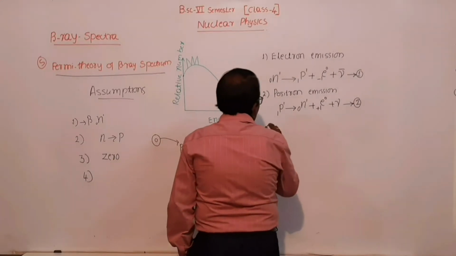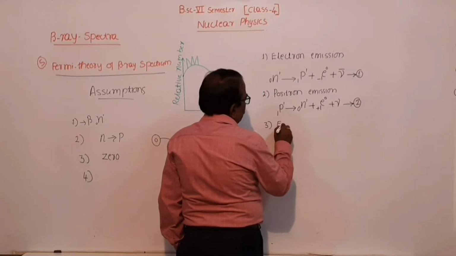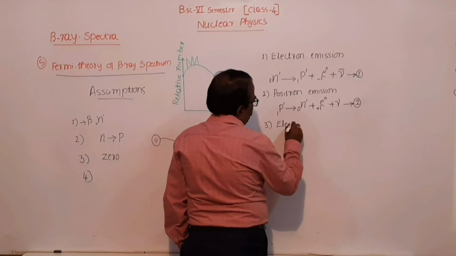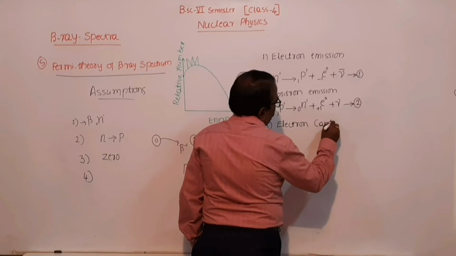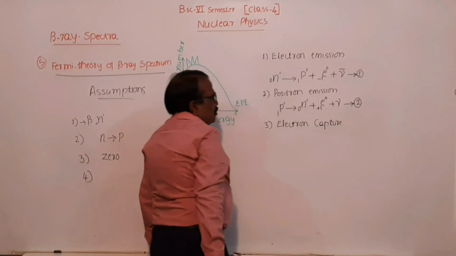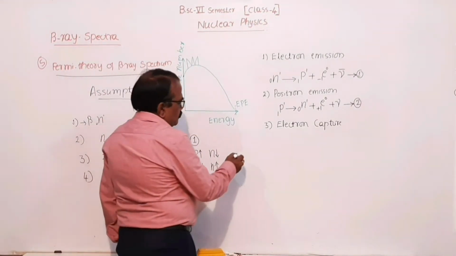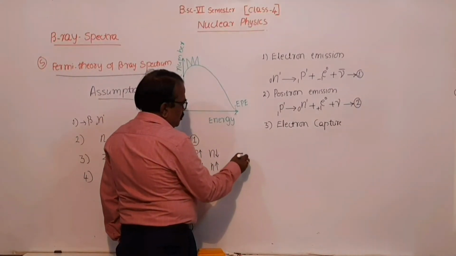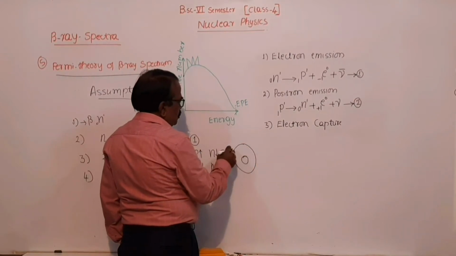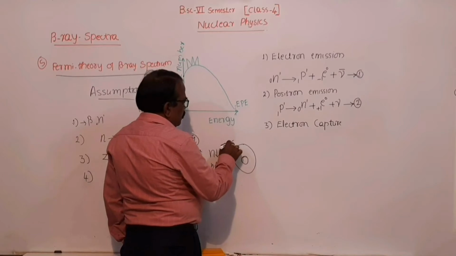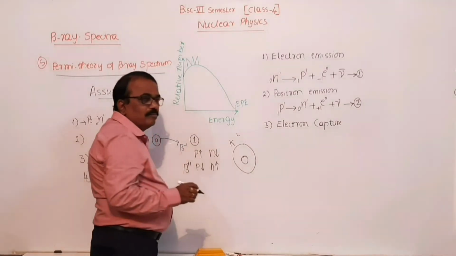Then one more phenomenon is electron capture. What is this electron capture? See, this is the nucleus of the radioactive element, and it is known as the first shell. You call it K shell, K, L, M, like this.